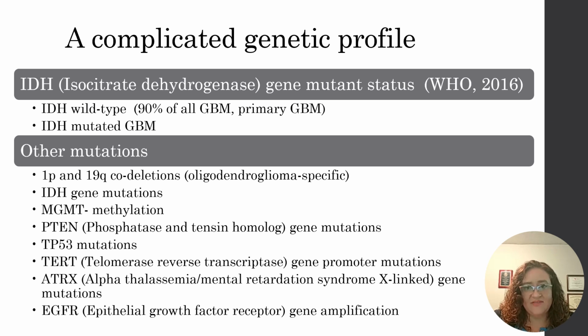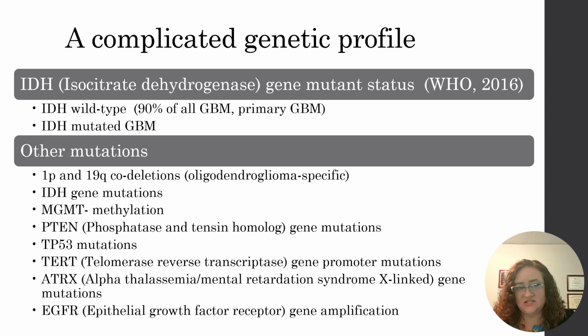Not very many people have that mutation. And then the methylated versus unmethylated was also used as an indicator of being responsive to chemo. The methylation makes it more susceptible to alkylating agents, so chemo is more likely to help extend their lifespan in those patients.